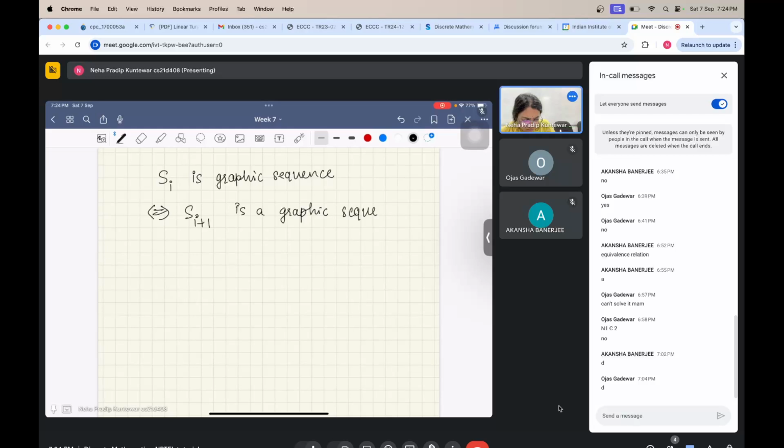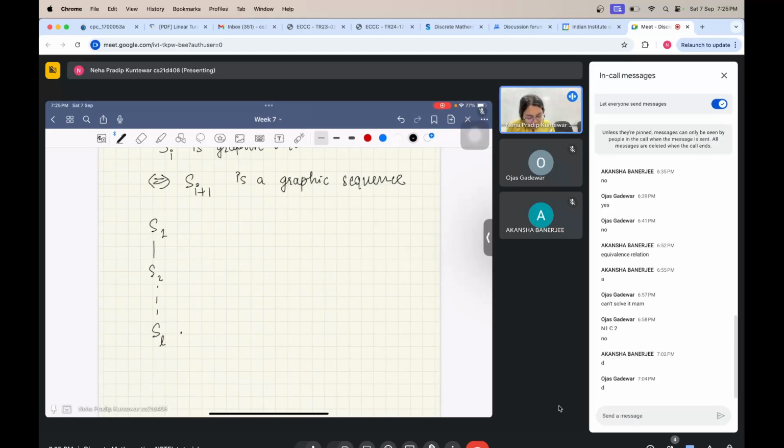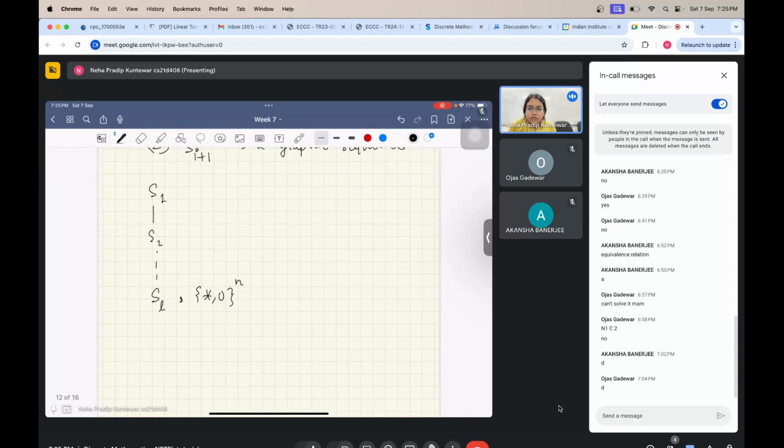So the first thing I want to convince you of is that, like you said, this is an inductive approach. You start at the first step, you say this is a graphic sequence, and hence this is a graphic sequence, and so on. So if you start with s1, you go to s2, and at the end this is your last stage. Let's say you conclude that what you ended up getting, sl, is just a string of stars and zeros, maybe of length n, where n is the number of vertices.